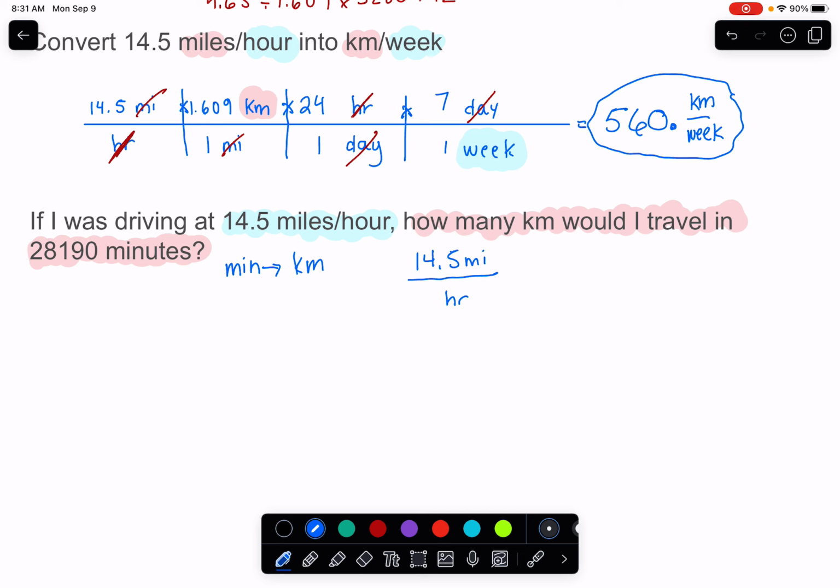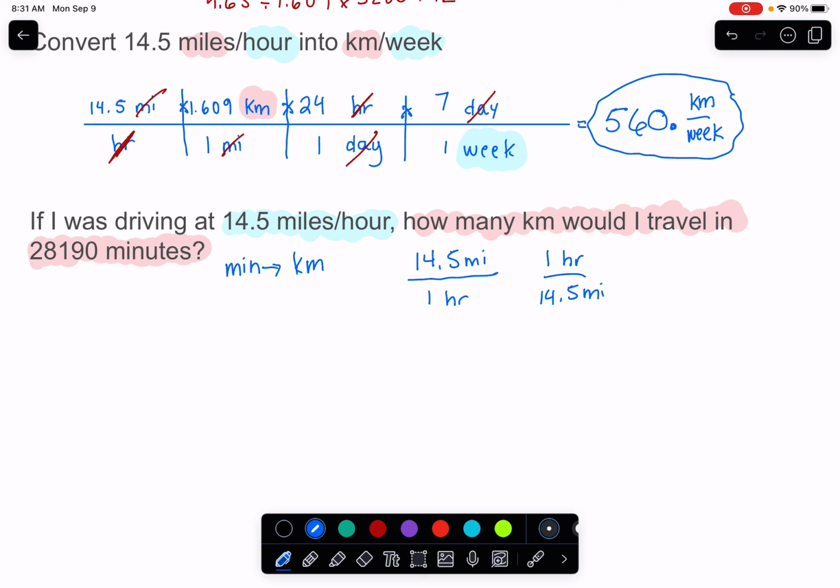And you could set it up the other way with the 14.5 miles on the bottom and then 1 hour on the top. It doesn't really matter. It's just going to be whatever makes sense to cancel out the units in your problem. So both of those would be acceptable, just depending on what you're trying to get to cancel out.